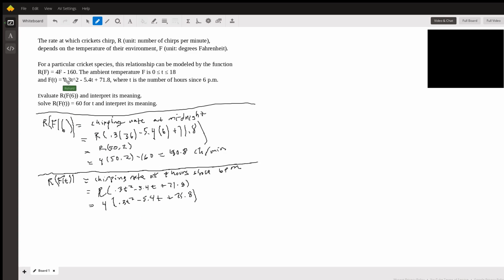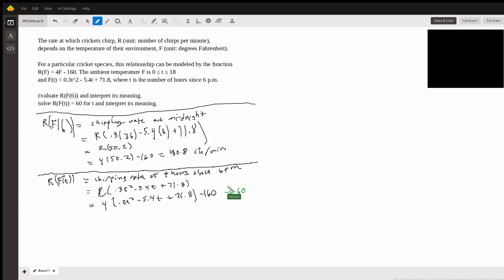So you multiply it by 4, and then you subtract 160. And you would put this on your calculator because you want to now set it equal to 60.